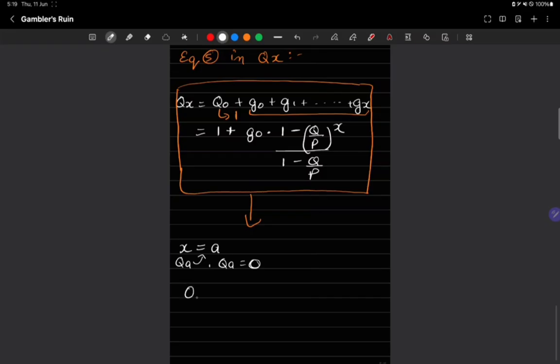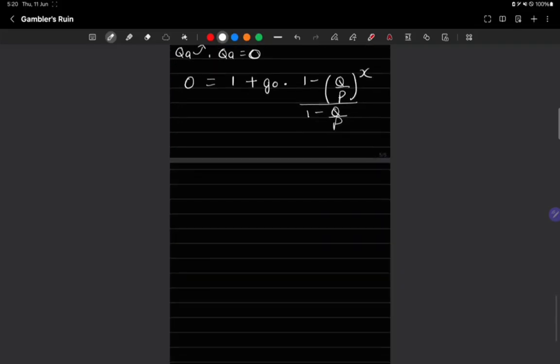So the entire equation at the left hand side becomes 0, and here it will be 1 plus g0 into 1 minus q by p raised to the power a upon 1 minus q by p.